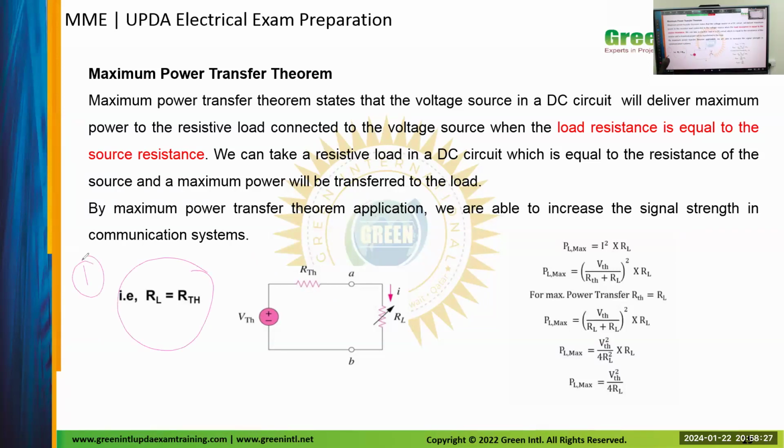Number 2, 50%. Number 3, usually this theorem is used in communication circuits. Communication circuit means it may be a receiver circuit or a transmitter circuit, in general. Okay. And the fourth one.